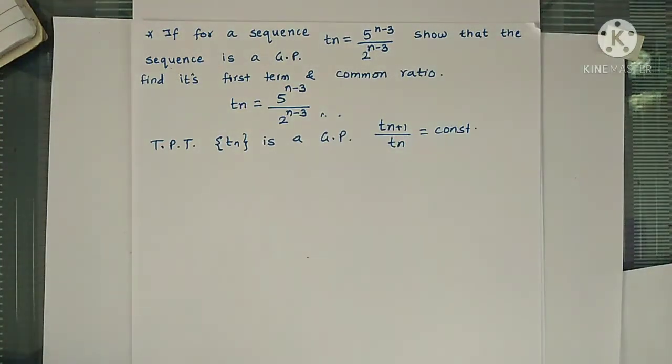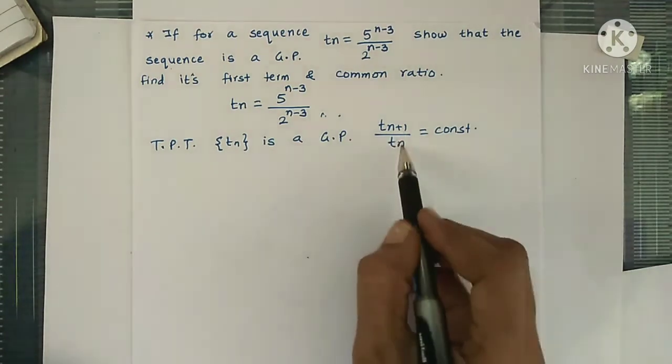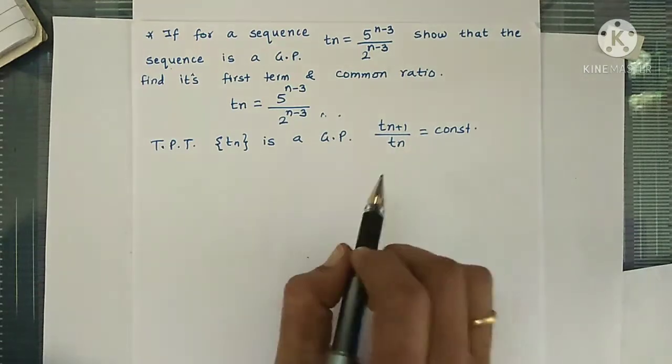Because here variable is n, as n changes, if this number changes, then we will not be getting a constant ratio there. So if Tn plus 1 upon Tn is constant, that means it is independent of n, then the sequence will be a geometric progression. So let's prove this. So we have to prove this ratio is constant.